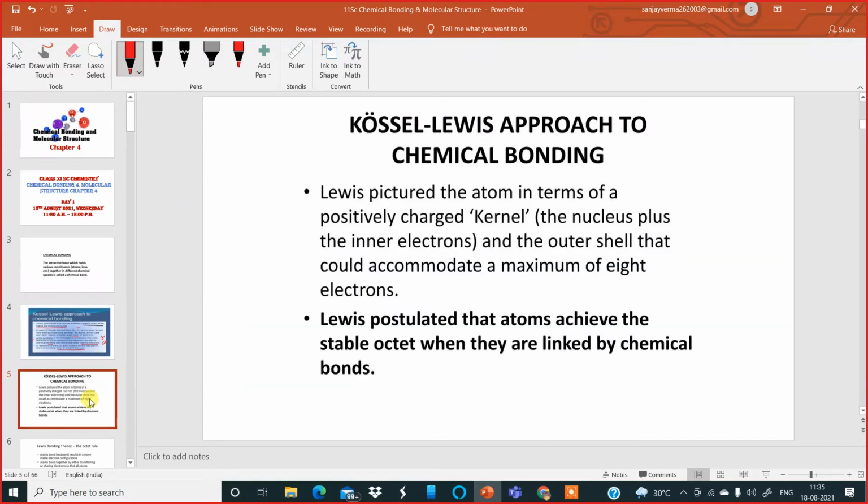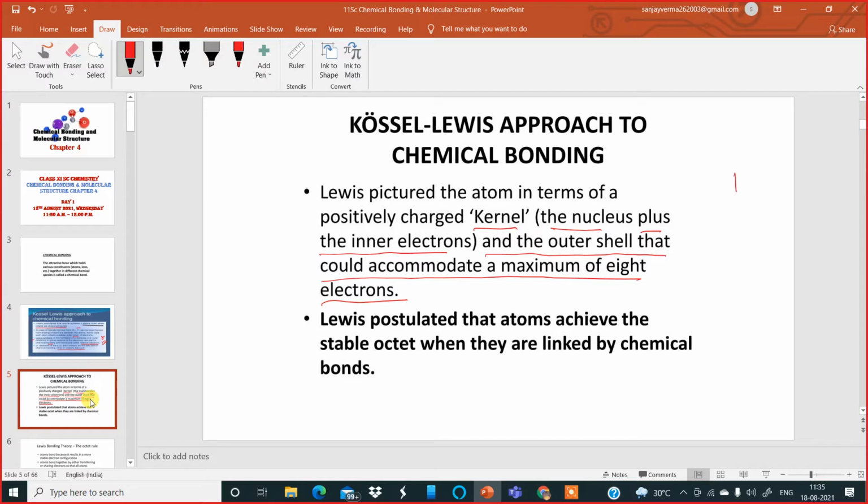After that, looking to some more points over here, the very first important postulate which was pictured by Lewis was an atom in terms of a positively charged kernel. In the center, there is a kernel, the nucleus plus the inner electrons, and the outer shell that could accommodate a maximum of 8 electrons.